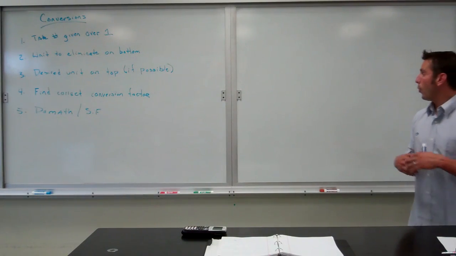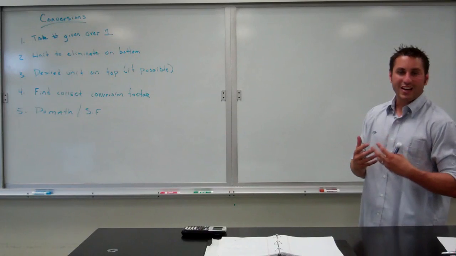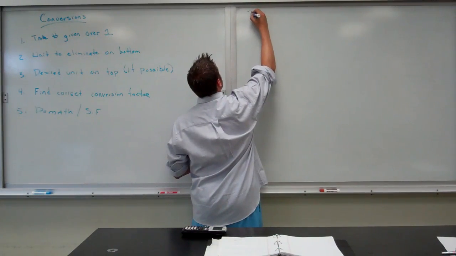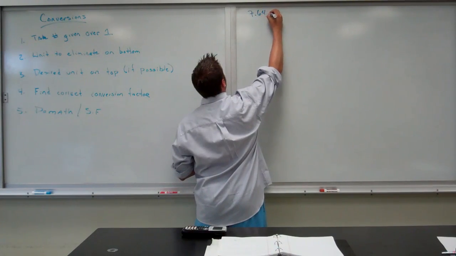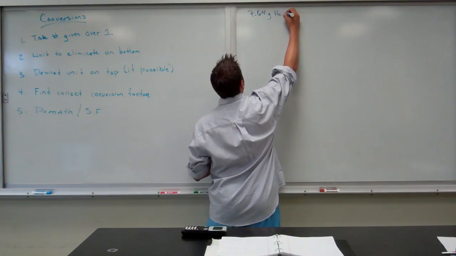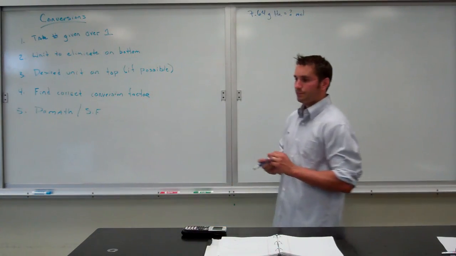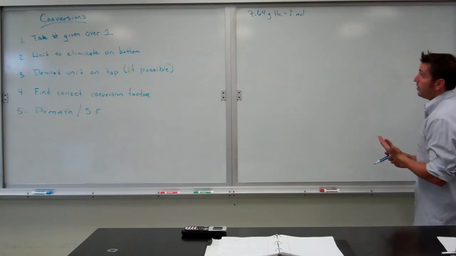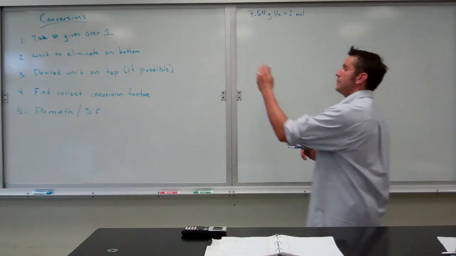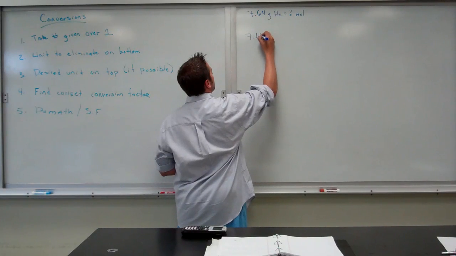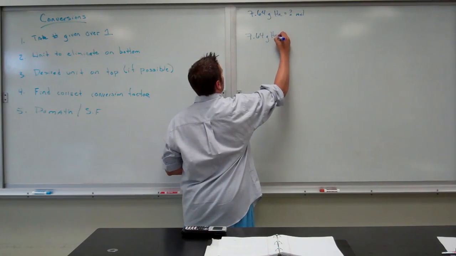Just like we did before, we will have to pull this question out of words, that would lead us to something that looks like this. 7.64 grams He equals question mark moles. From here, we try to follow our steps. Take the number given over 1. 7.64 grams He over 1.